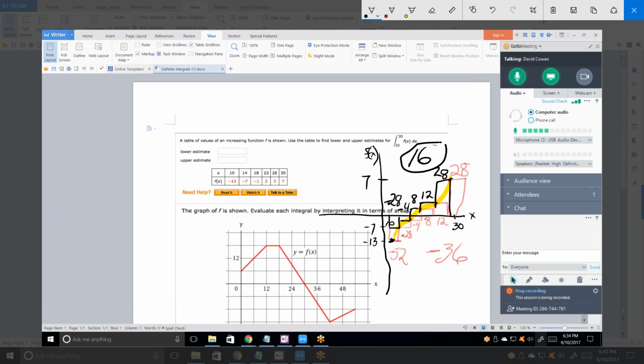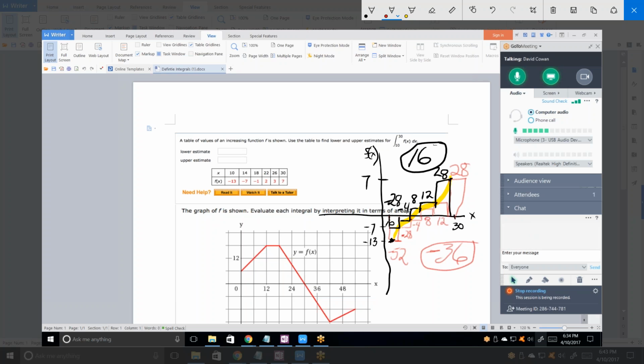So that is your upper estimate, and that is your lower estimate. And this is a very difficult conceptual problem because it's not a continuous function.